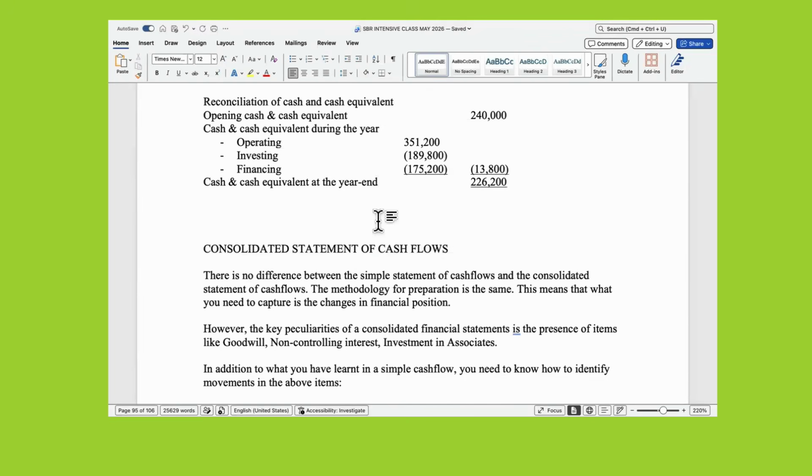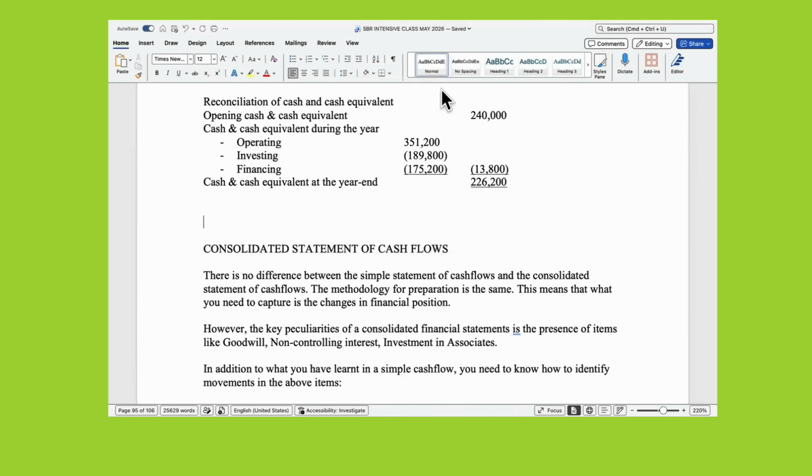Now, the approach that I need you to have in mind for statement of cash flows is to have an understanding that statement of cash flows, according to IAS 7, is a statement of changes in financial position.